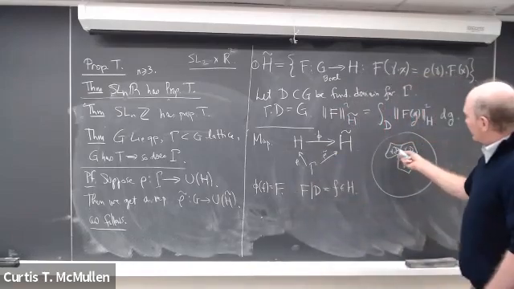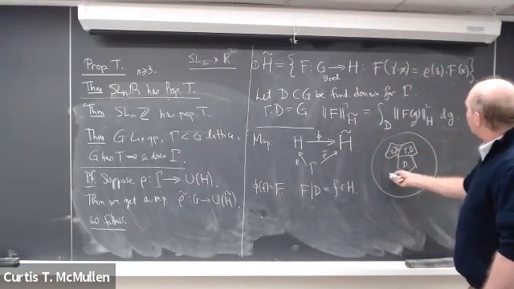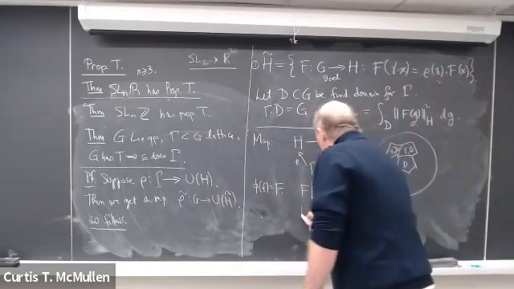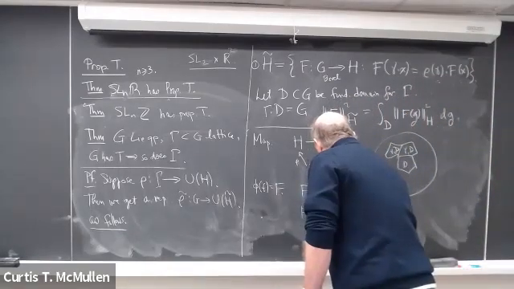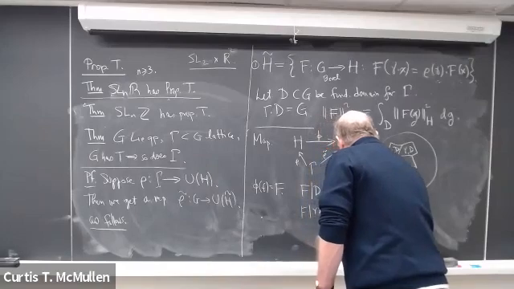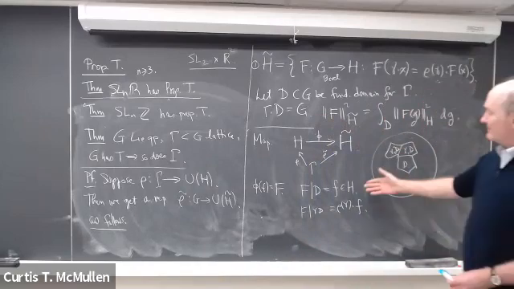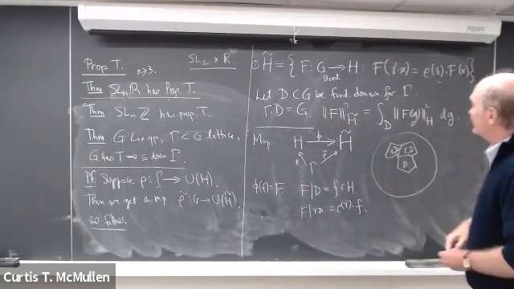And then what should we set it equal to on the other translates of the domain? Well, there's only one choice, given the fact that we need this law to hold. So F restricted to gamma D is equal to rho gamma dot F. And then that gives us an element in this Hilbert space.